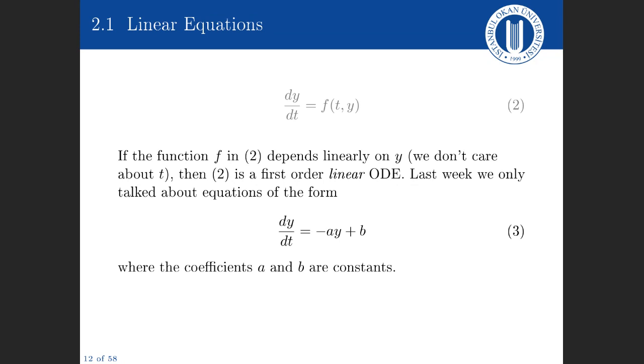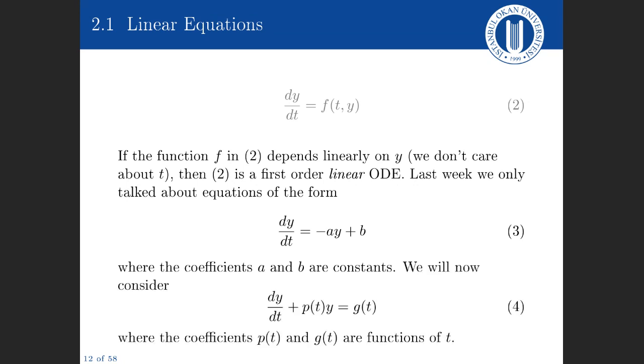Last lesson we talked about equations of the form dy dt is equal to minus ay plus b. This is a linear equation with constants a and b. Today we're going to generalize this a little bit. We're going to be talking about equations of the form dy dt plus some function p of t times y is equal to some function g of t.